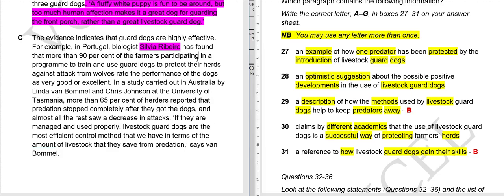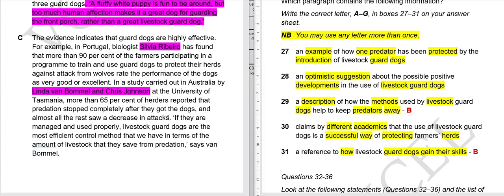In a study carried out in Australia by Linda Van Bommel and Chris Johnson, again people at the University of Tasmania, more than 65% of the herders reported that predation stopped completely after they got the dogs, and almost all the rest saw a decrease in attacks.